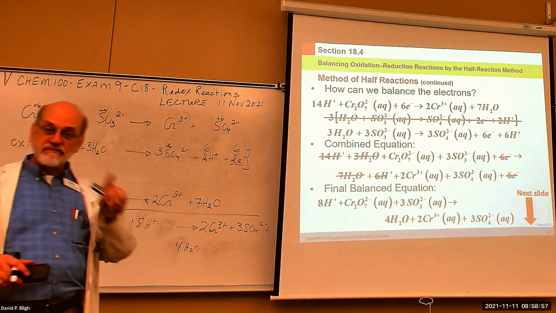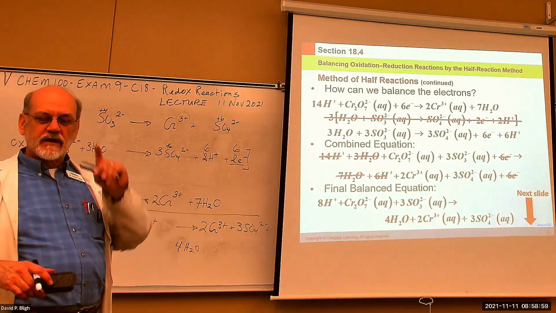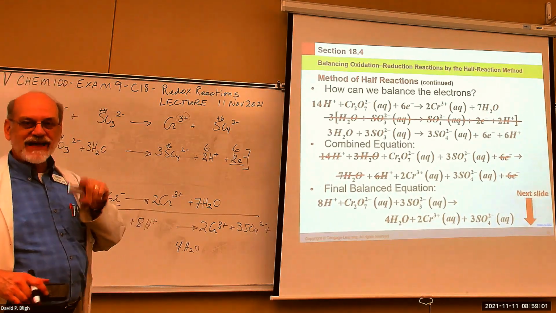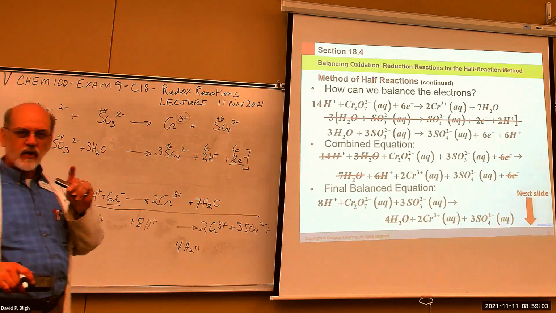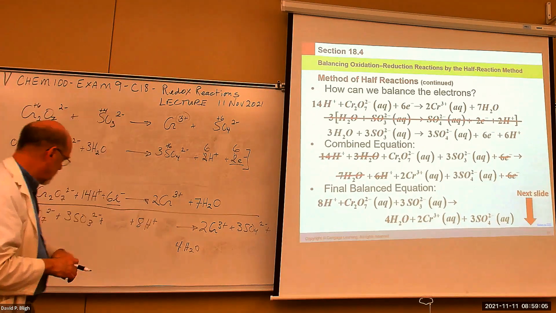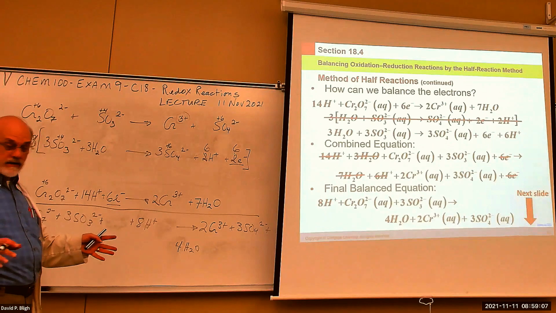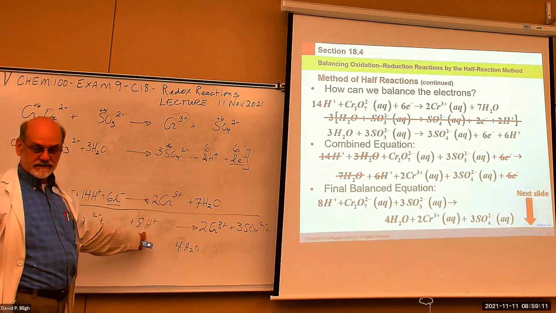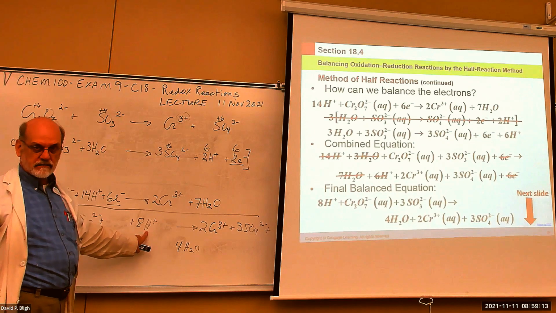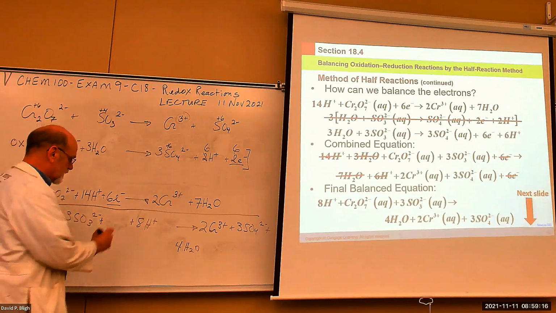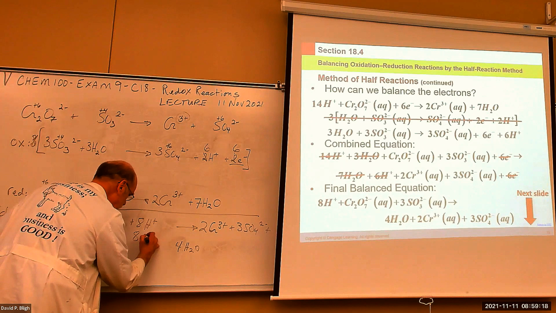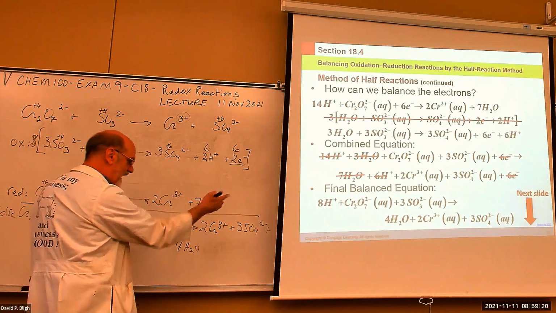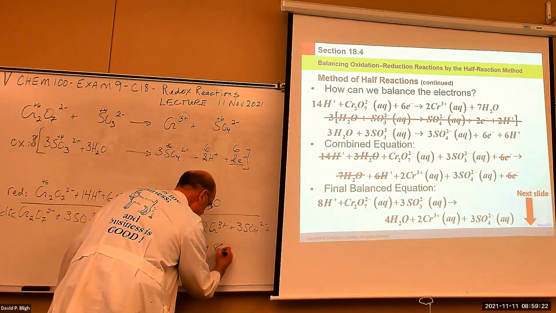How do I make this basic solution? What you do is you add hydroxyls, OH minuses. And how many do you add? You add enough to neutralize that hydrogen ion. So if we add 8 hydroxyls here, we have to add 8 hydroxyls on this side.